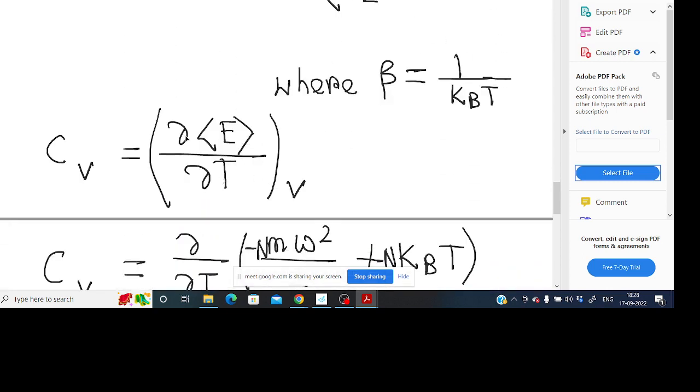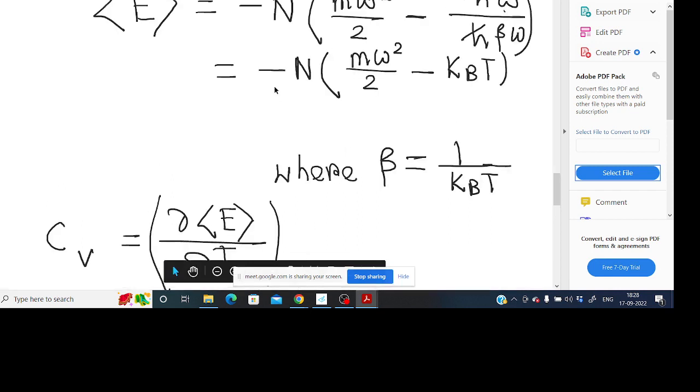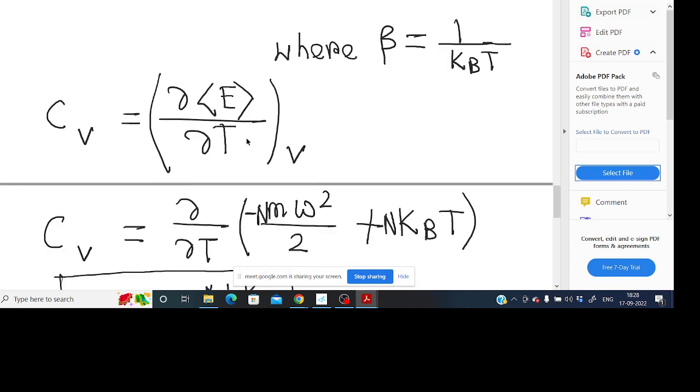Now the specific heat at constant volume is equal to del del T of average energy at constant volume. So here the first term of this average energy is independent of temperature, so the differentiation of this thing with respect to temperature is 0, and from the second term if you differentiate with respect to temperature, then you will get N kB.